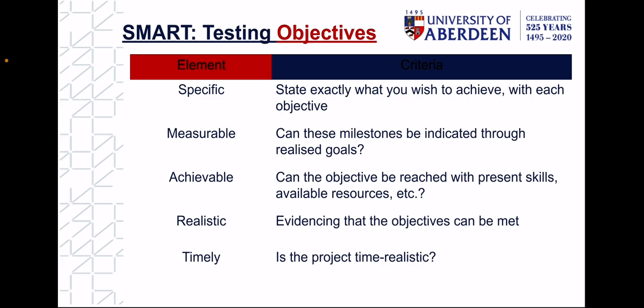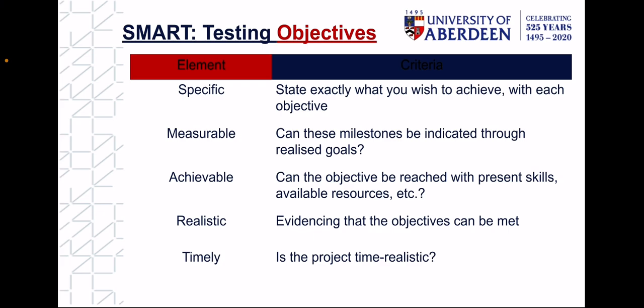Objectives are smart if they are specific, if they are measurable, if they are achievable, if they are realistic and time-bound. I like to replace realistic with relevant, because I think somehow there seems to be some confusion around achievable and realistic. So I always try to use relevant instead of realistic.